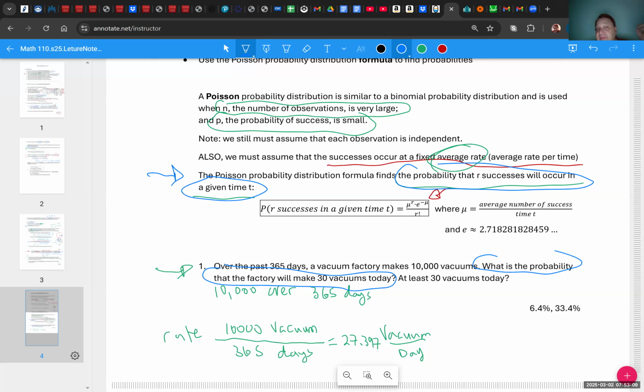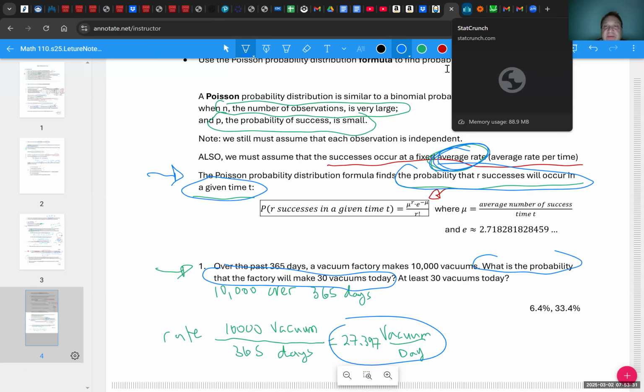And we do have to know the average rate, which we computed was 27.397 vacuums per day. Now we have a great big formula that we can do by hand, but we're going to use StatCrunch to do it for us.